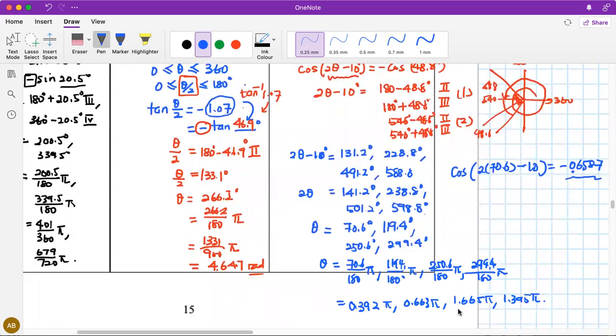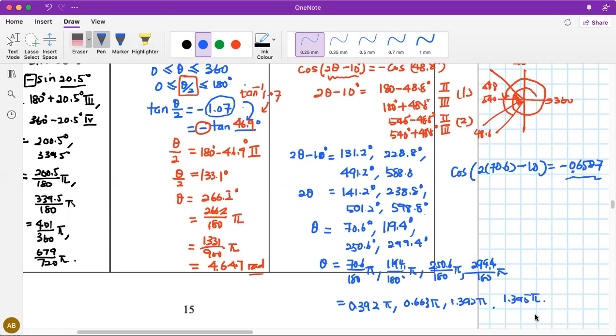Then lastly 250.6 divided by 180 is 1.392, so 1.392 pi.